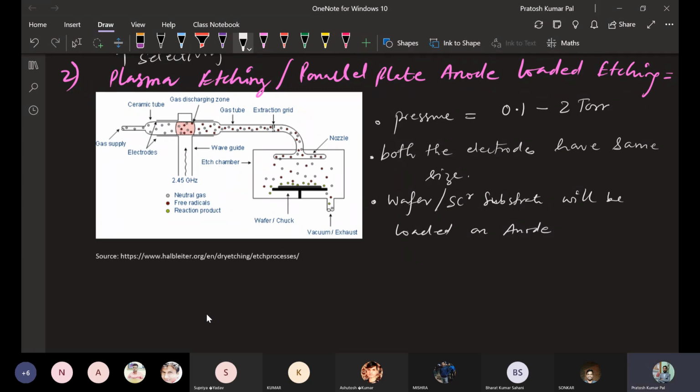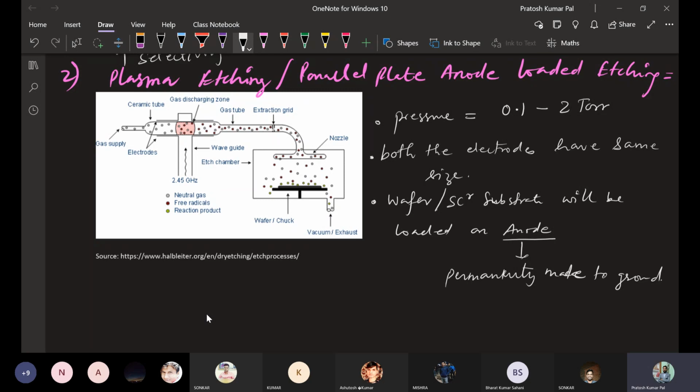Okay, and that anode is permanently made to ground. So this anode is always ground, and at that anode terminal only the wafer will be placed.